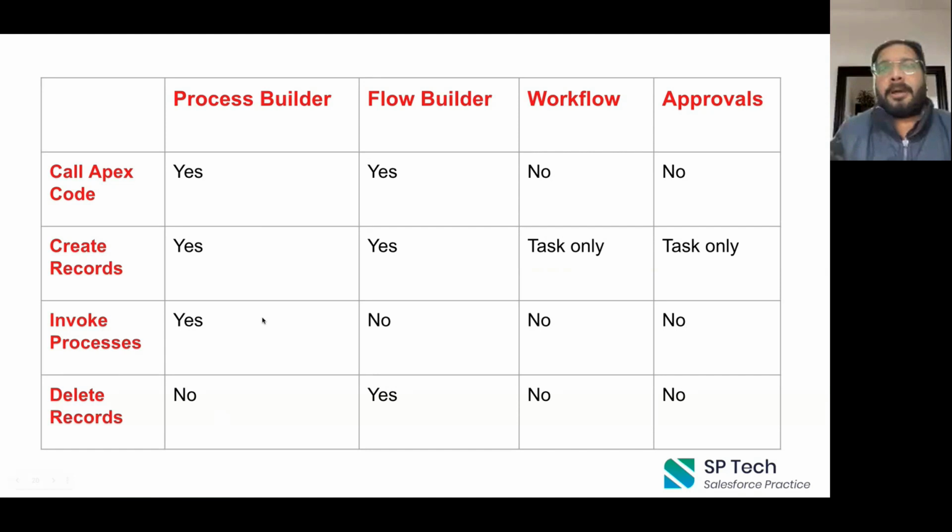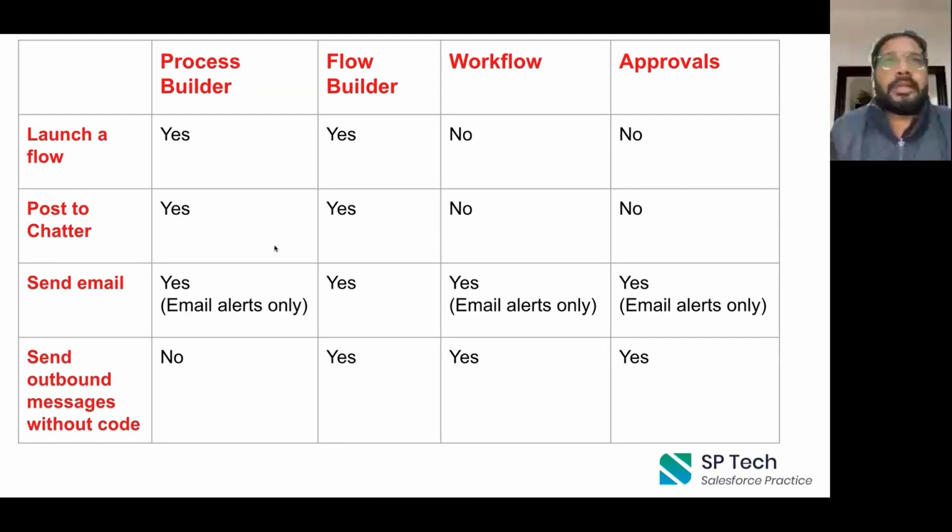So based on the action, which tool can perform it and which cannot, everything is written over here. If we go to the next slide, you can see other options are available, which are actions like launch a flow, post to Chatter, send email, and send outbound messages without code. All these actions we can perform through Flow.